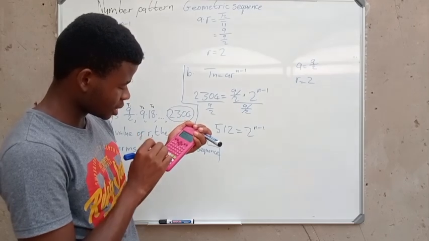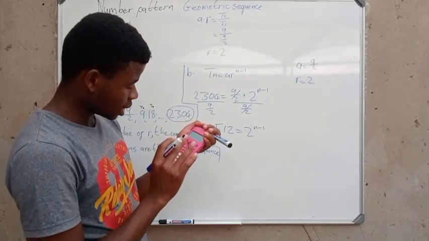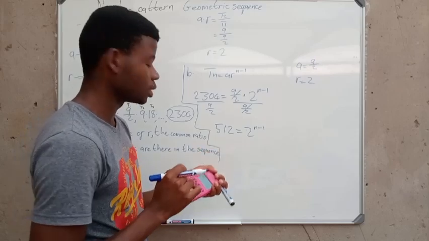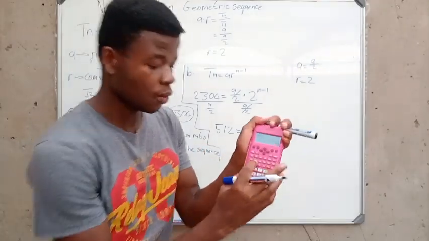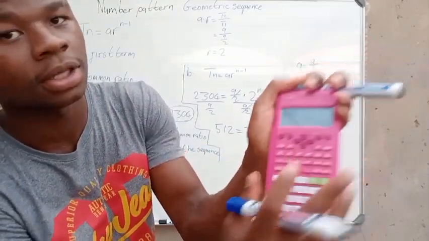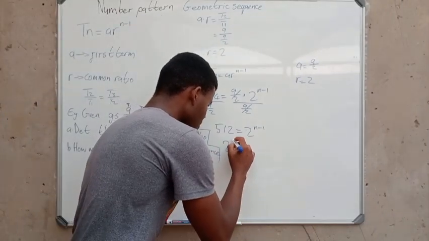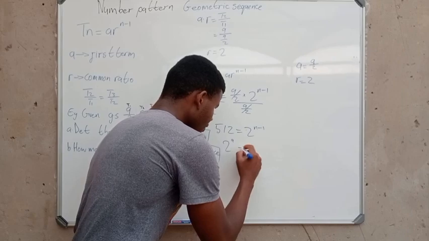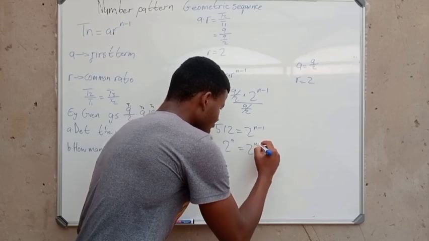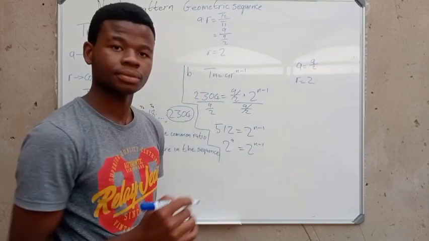On the buttons it is 3 commas and 1 dot. I hope you find it. I'm talking about this thing. And then you'll get 2 to the exponent 9 is equal to 2 to the exponent n minus 1.